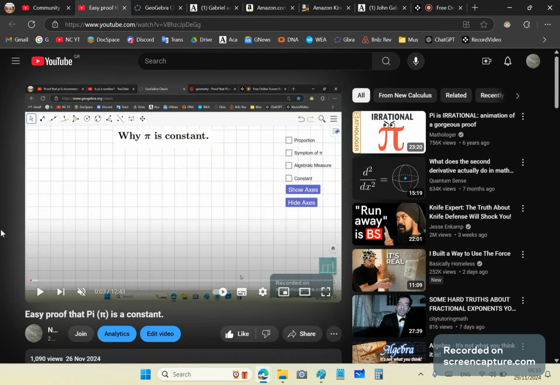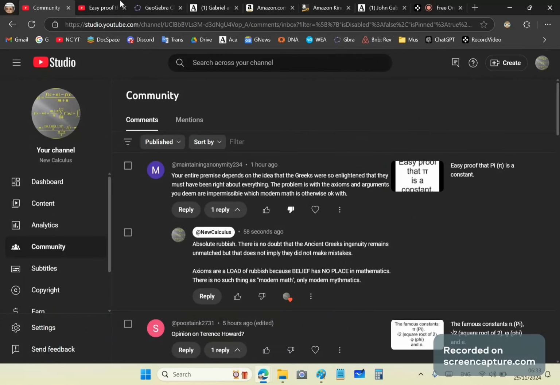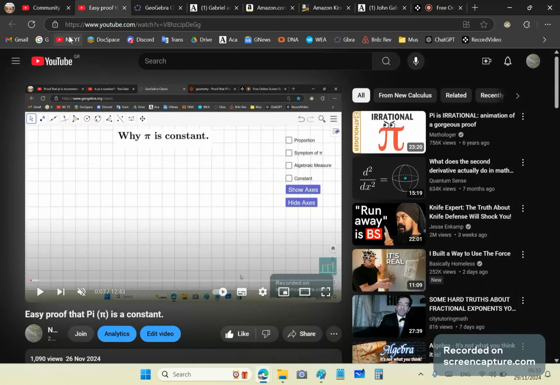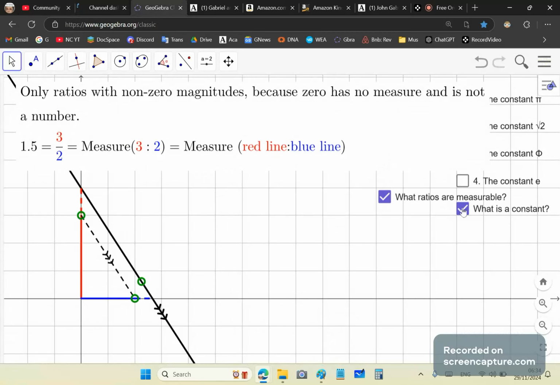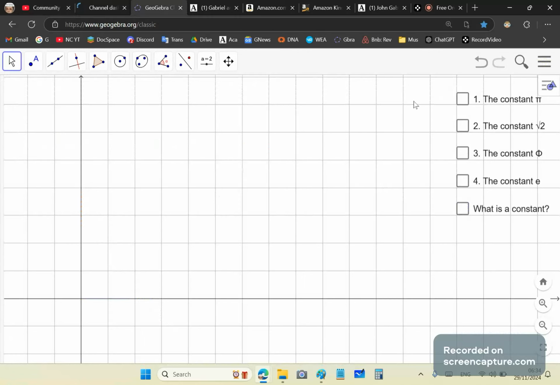In the latest video, on constants, you'll remember this applet that I used, which dealt with the four famous constants: pi, square root 2, the golden phi, which is realized from the golden ratio, and e. So what do all these constants have in common?